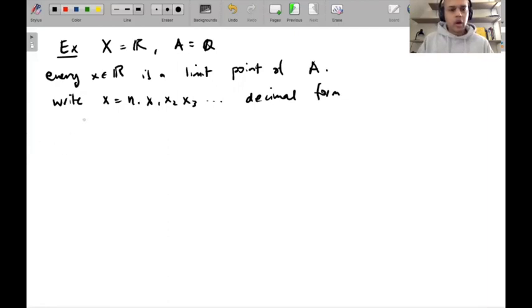Okay, so now let's find a sequence of rational numbers that converges to x. Let's take A1 to be this, and A2 this. So we just truncate the first n decimals. Maybe I shouldn't call this n, but okay.